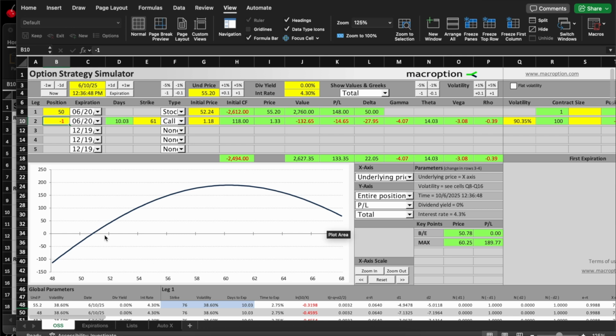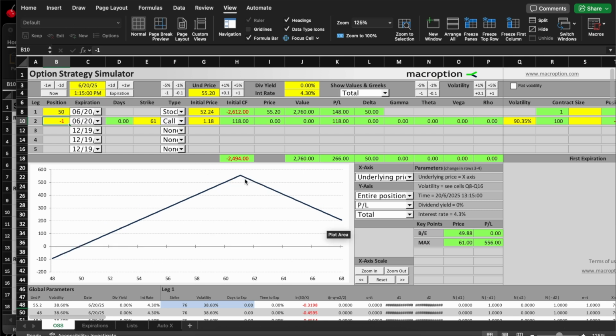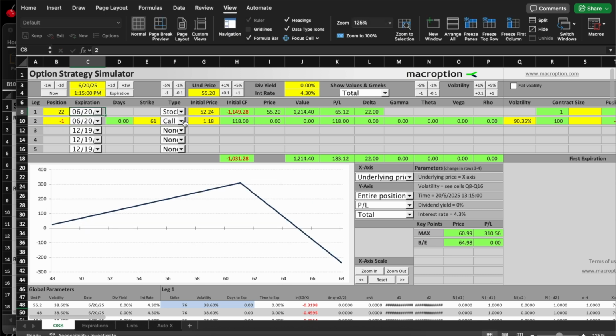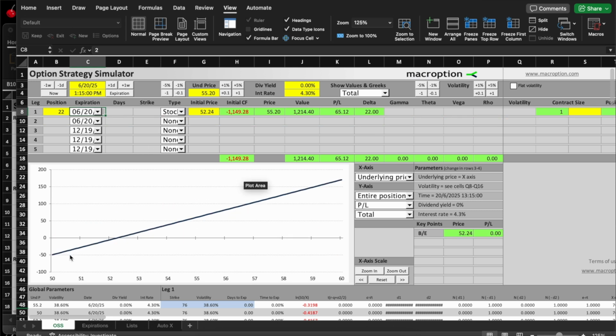That would have left me all of the upside uncapped, and rather than being long 50, I would have been long 22. Let's do this, let me eliminate that. Okay, so it would look like this, which is simply long stock, and rather than long 50, I'd be long 22.